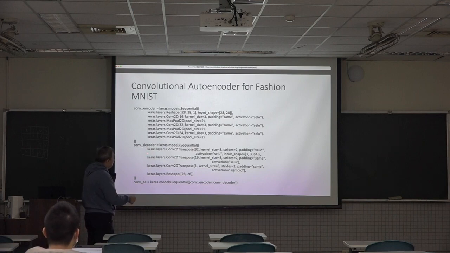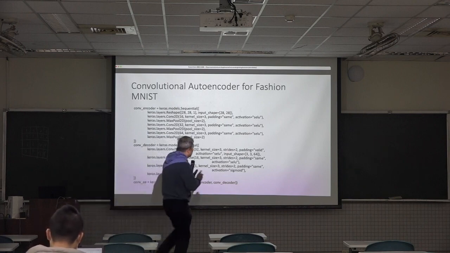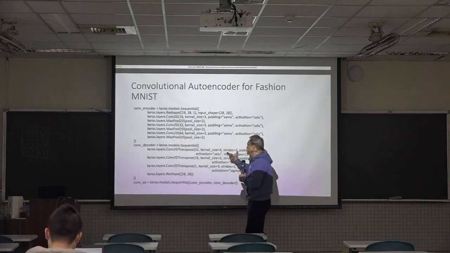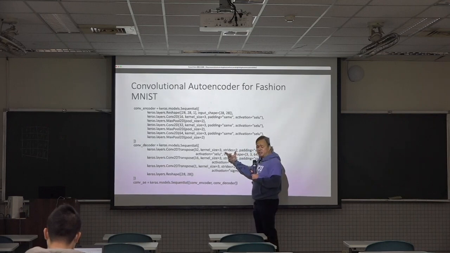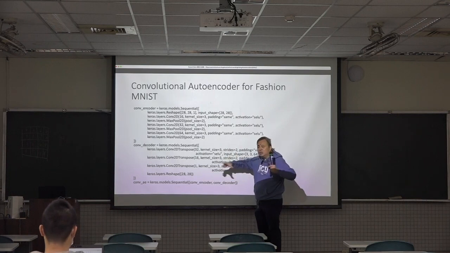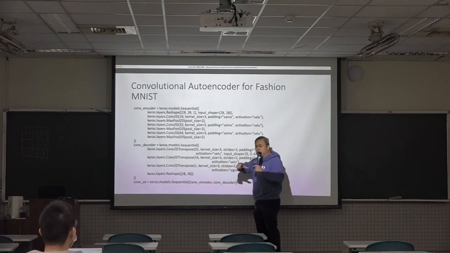So you can see here we use a Conv2DTranspose. We now convert it to 32 feature maps, kernel size 3, stride 2. This stride is actually 1/2, you know that. It basically means we stretch the feature map, doubling the width and height.